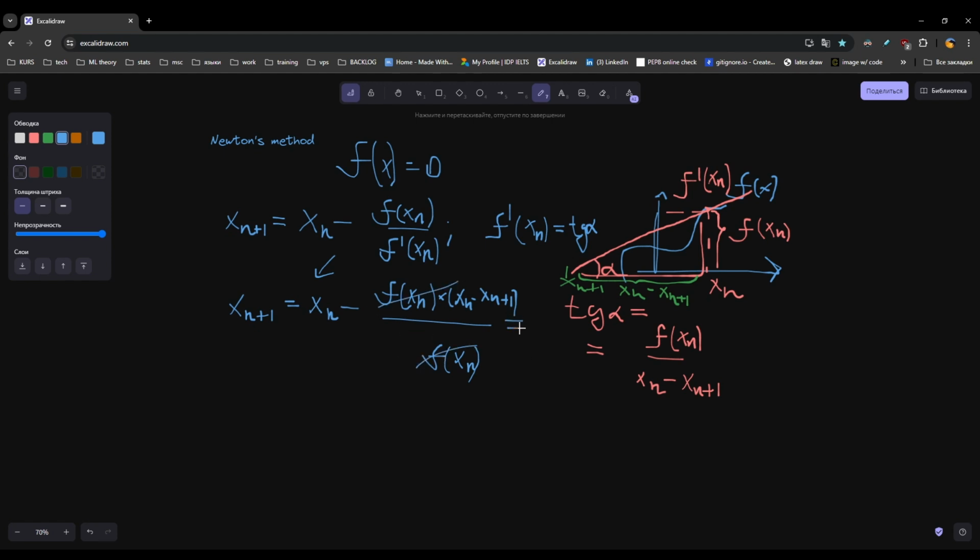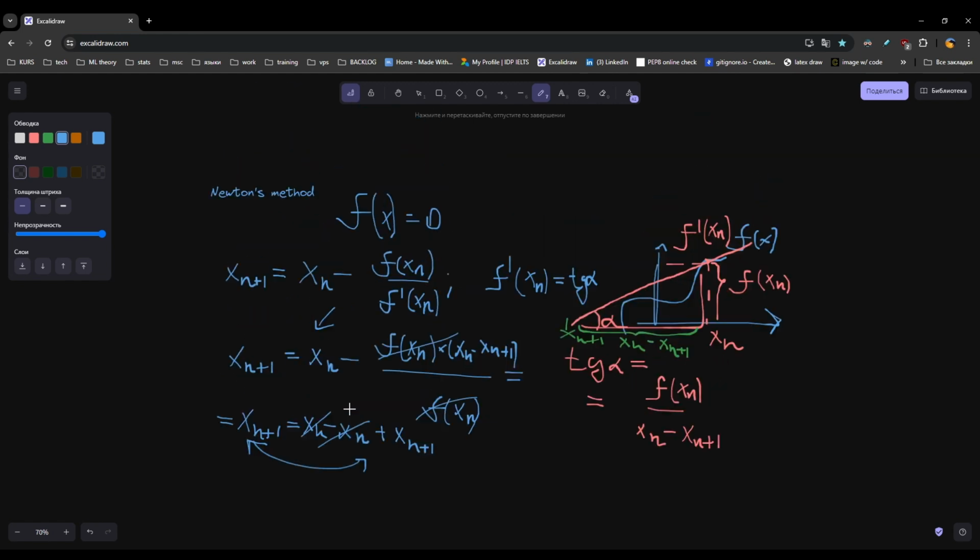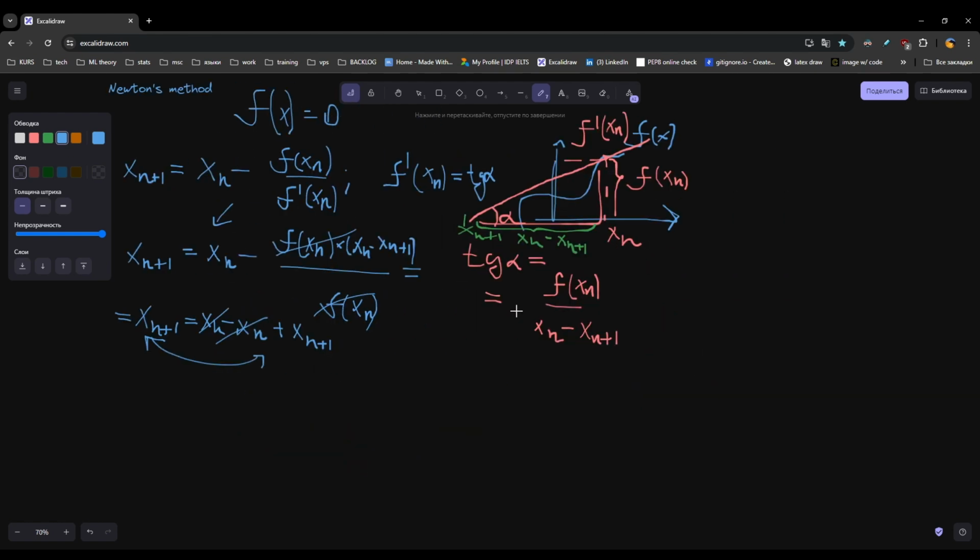So we can further simplify this equation as x of n plus 1 equals x of n minus x of n plus x of n plus 1, which in its turn will result in the identity x of n plus 1 equals x of n plus 1. So it's a quick proof of Newton's method and how it actually works.